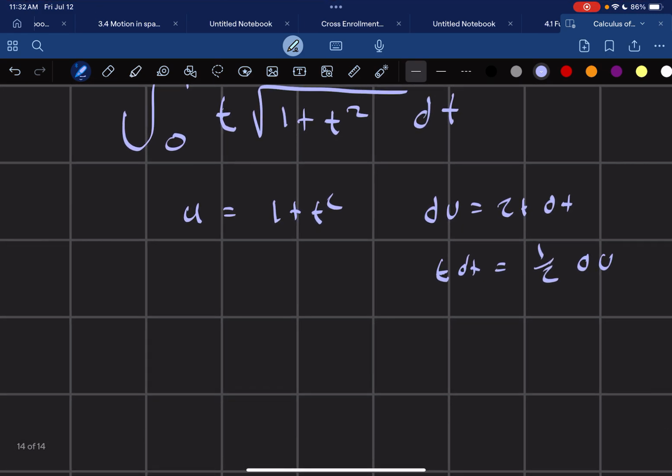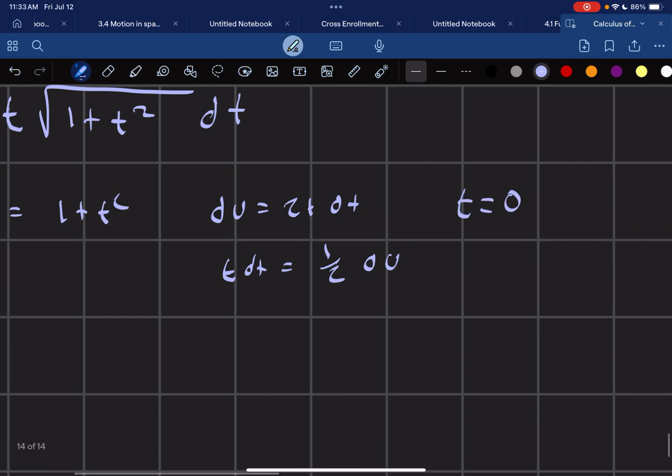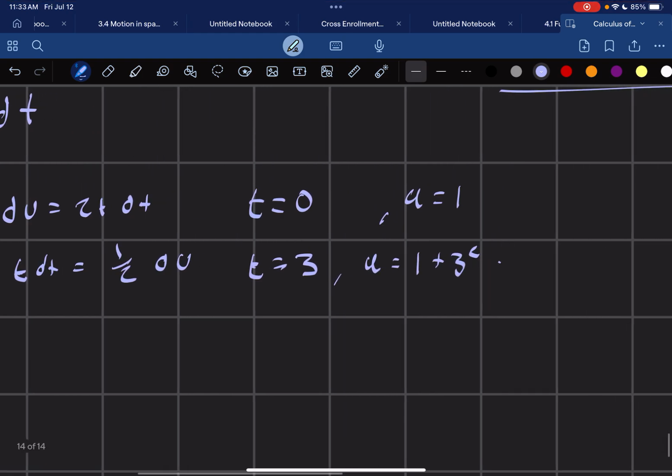When t equals 0, u equals 1. And when t equals 3, we get u equals 1 plus 3 squared, so that just equals 10.